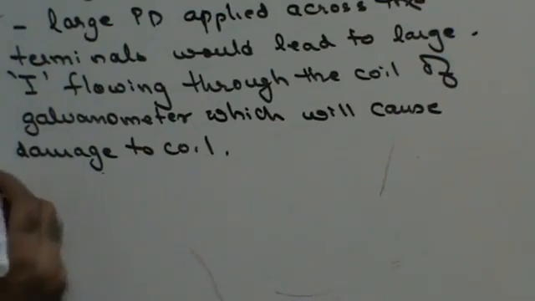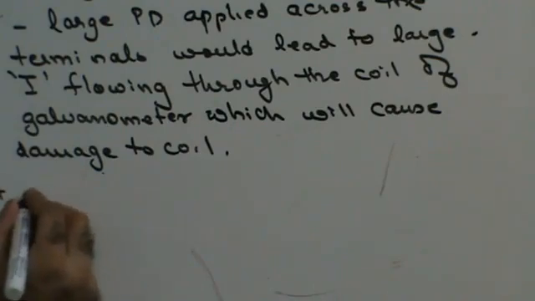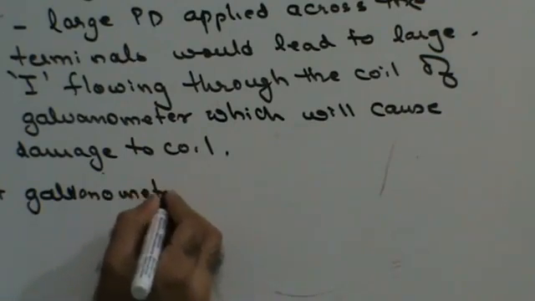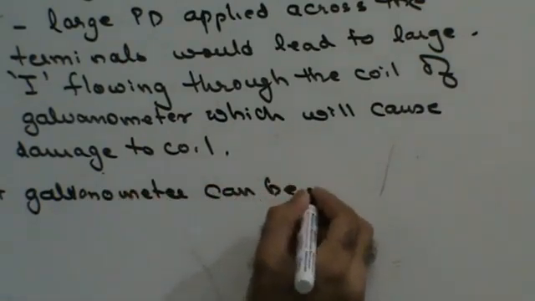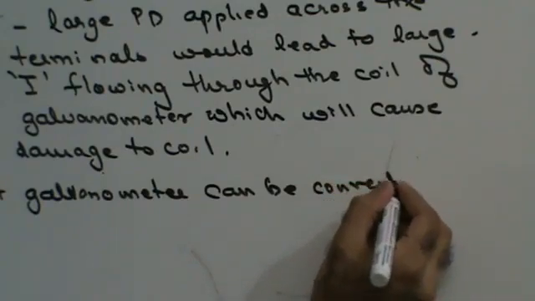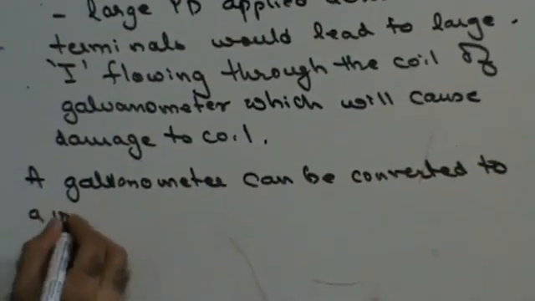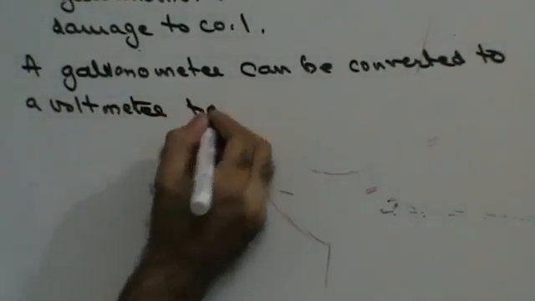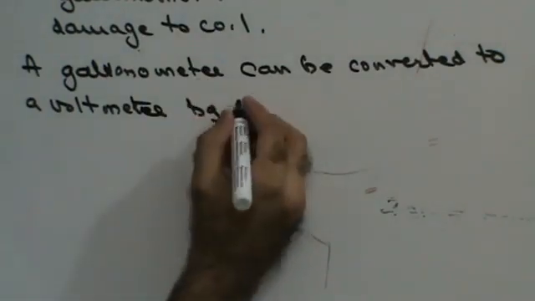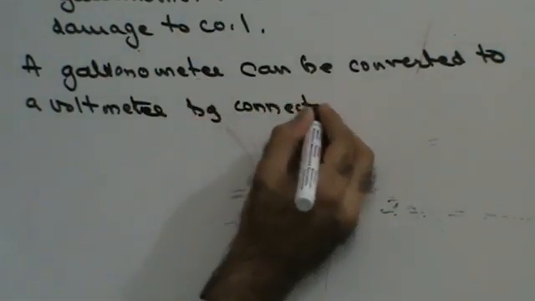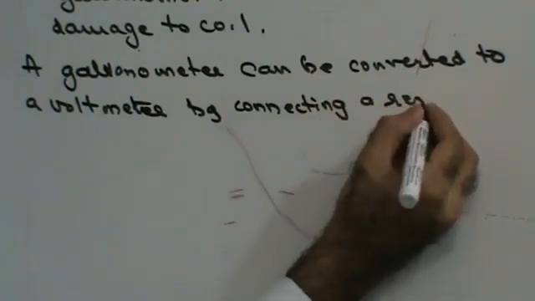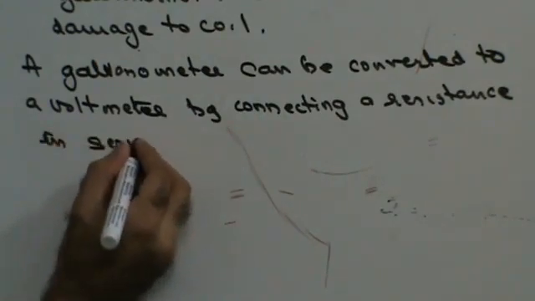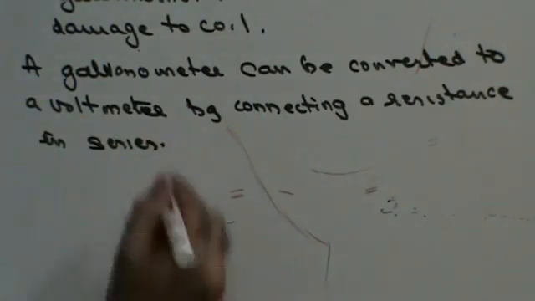Right? Thus, I can say that a galvanometer can be converted to a voltmeter by connecting a resistance in series with the coil.